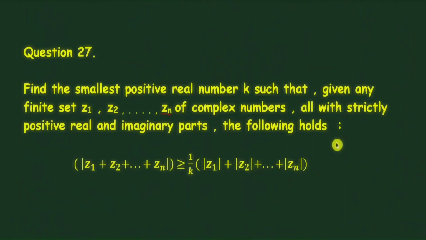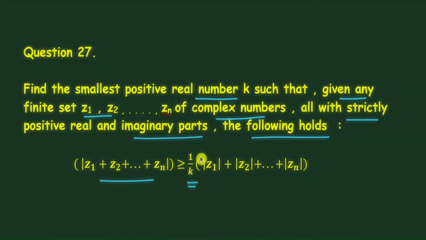Question number 27 says: find the smallest positive real number k such that, given any finite set z1, z2, ..., zn of complex numbers all with strictly positive real and imaginary parts, the following holds. Then find the value of k.